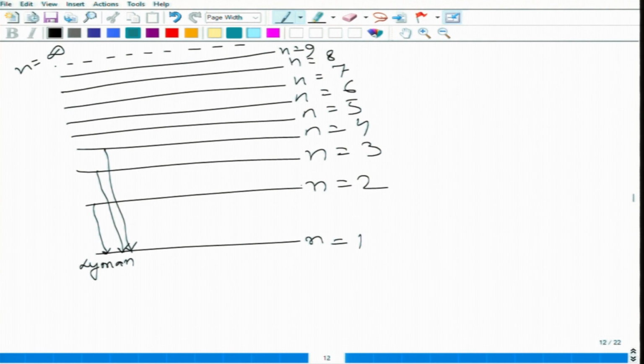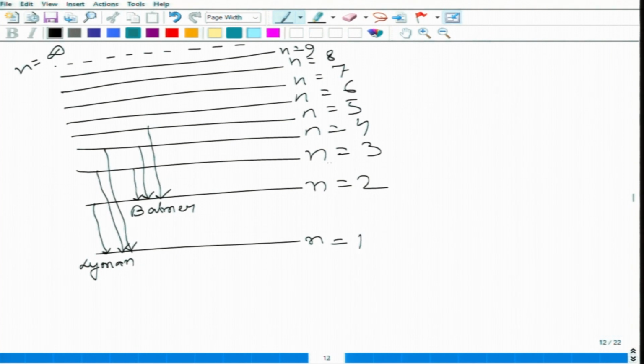Now if the lower state is n equal to 2, then the excited states will be 3, 4, 5 and so on. So every line will fall down to 2, that is, the excited atoms will come back to n equal to 2. These series of lines are called the Balmer series.